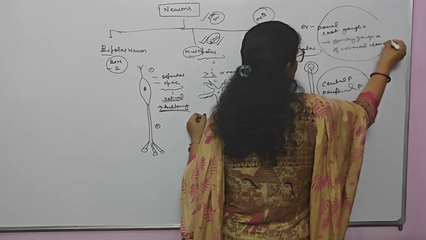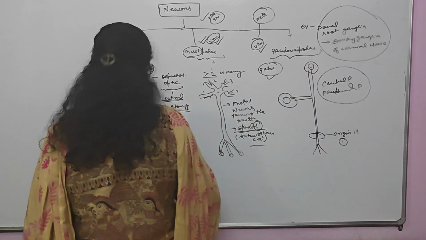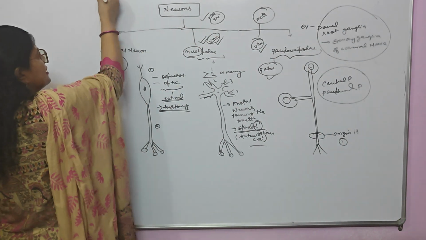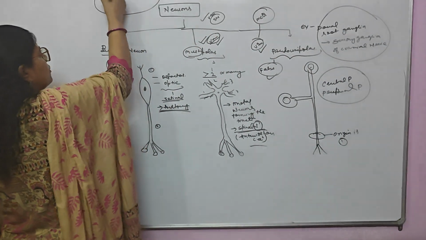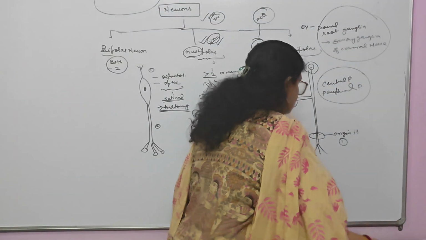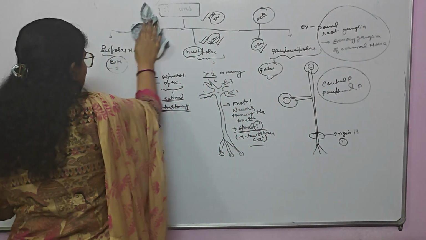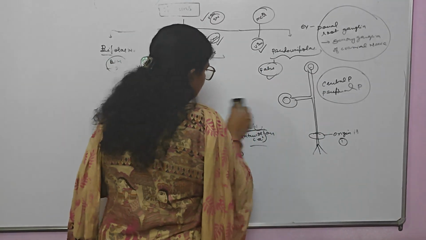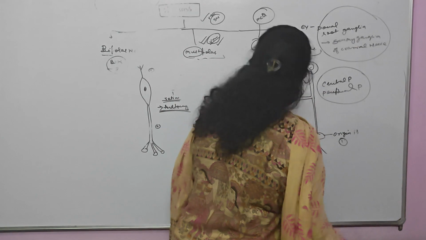So in the spinal cord, we have a dorsal root and a ventral root. If you take a section of the spinal cord, just for example, I am just refreshing your knowledge.